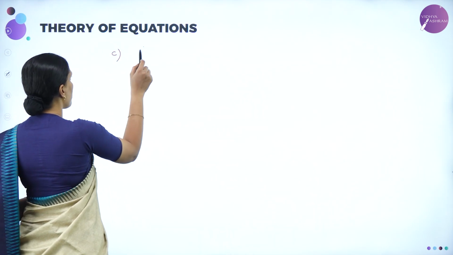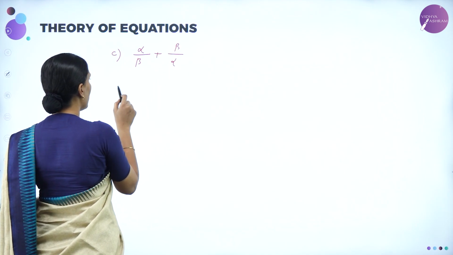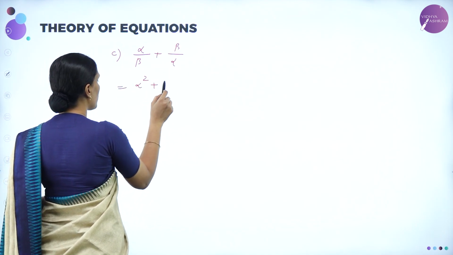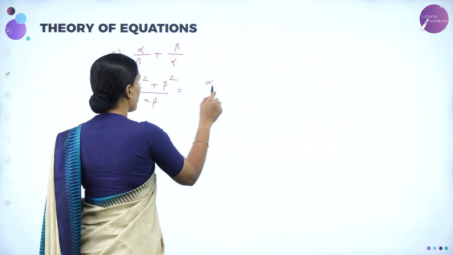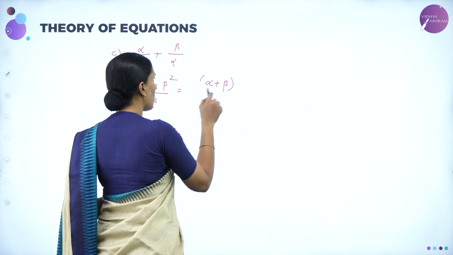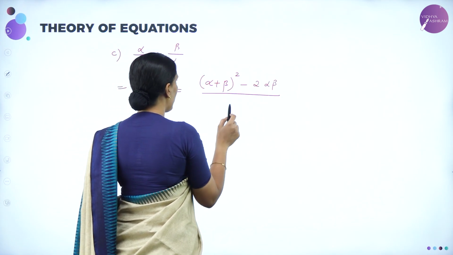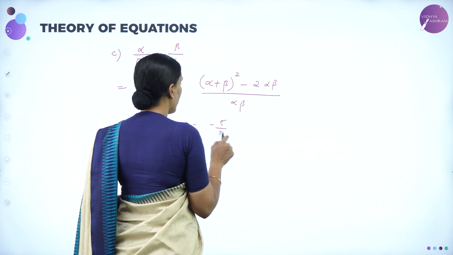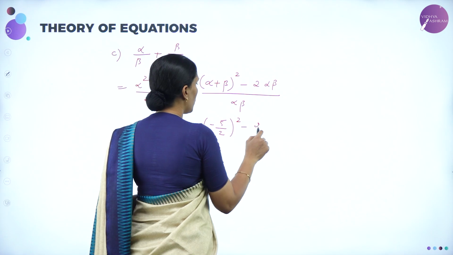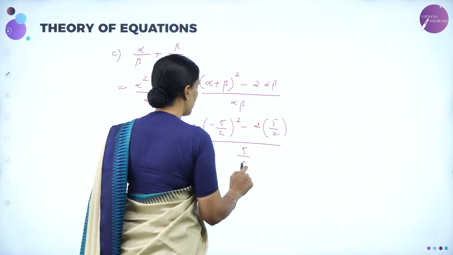Next we have alpha by beta plus beta by alpha, which is again alpha square plus beta square by alpha beta. So which can be written as alpha plus beta whole square minus 2 alpha beta whole divided by alpha beta. Now minus 5 by 2 whole square, minus 2 into 5 by 2, divided by 5 by 2.